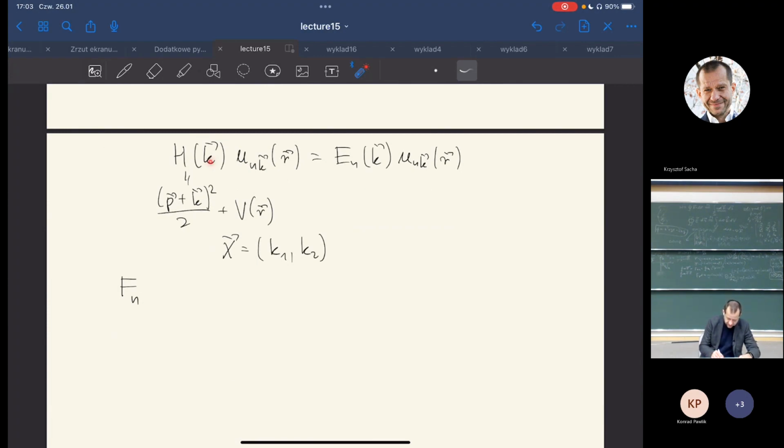For each K, we have a certain series of eigenstates. Okay, so the Berry curvature is exactly the same as we introduced in the previous slide, the only change is that we have a different notation for the system parameter.